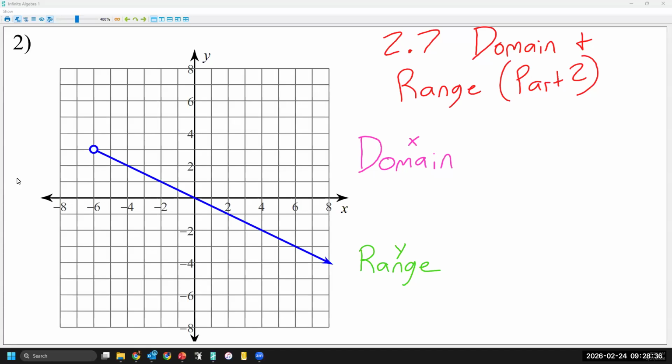All right. So the first thing we're going to say for domain is, how far can we go to the left? We go as far left as we can. We get to this open point right there, and notice that that open point is at -6.